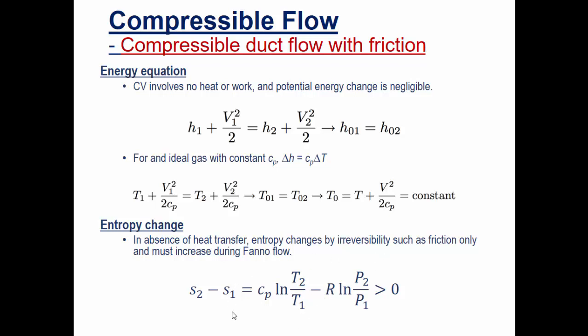Note that the denotation of 2 and 1 in the equation represents after and before the control volume. 2 is after the control volume, 1 is before the control volume, meaning before and after the process.